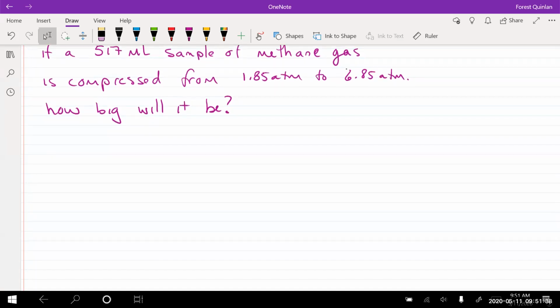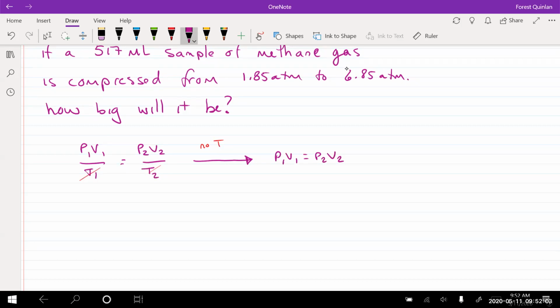So if the conditions are changing, we should immediately be writing down P1 V1 over T1 is equal to P2 V2 over T2. Is there anything I haven't talked about? Temperature. Yeah. So that means I can get rid of it. And I can simplify it to P1 V1 equals P2 V2.